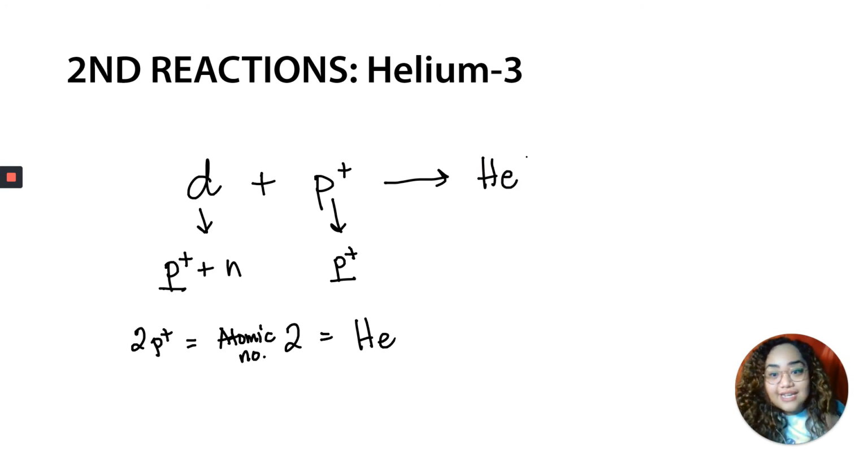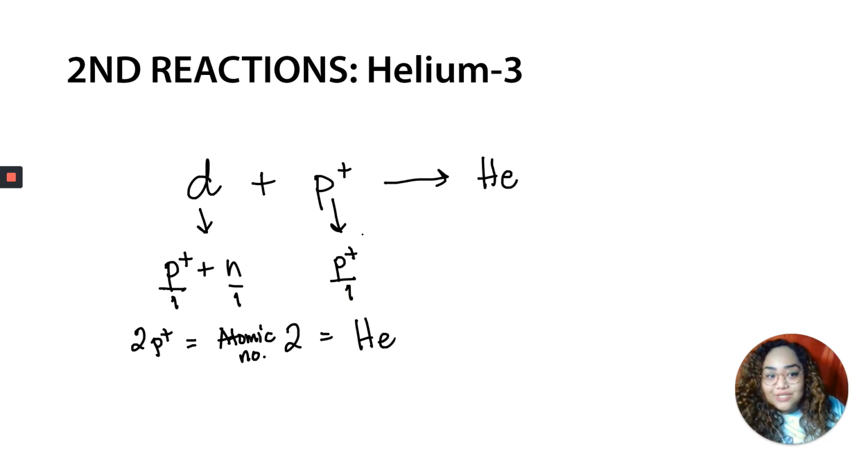Now, next, let's determine the atomic mass of helium here. It's very easy. You just count how many AMUs are found here. So you have a proton, which is 1 AMU, a neutron, which is 1 AMU, and another proton, which is 1 AMU.